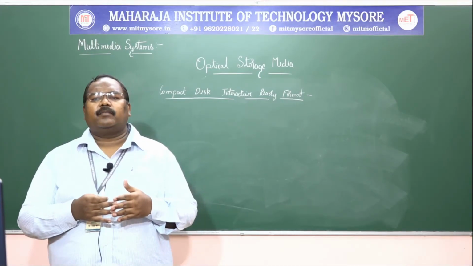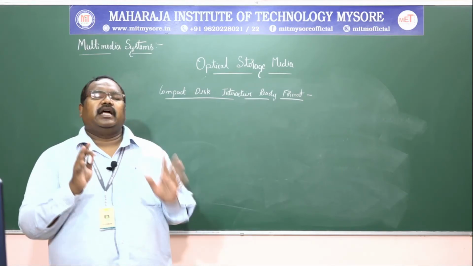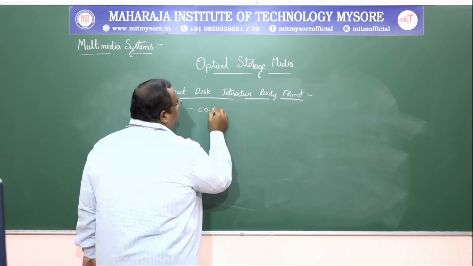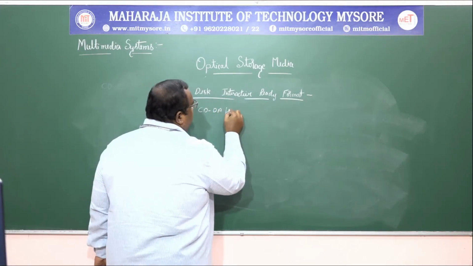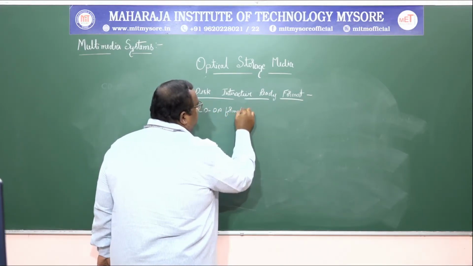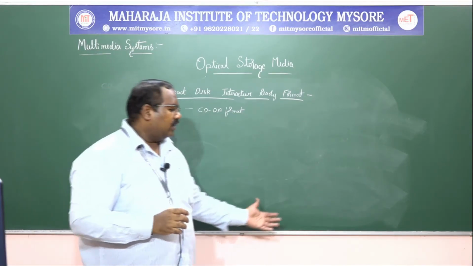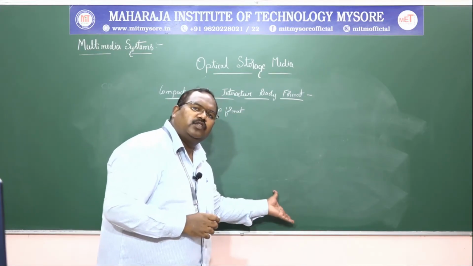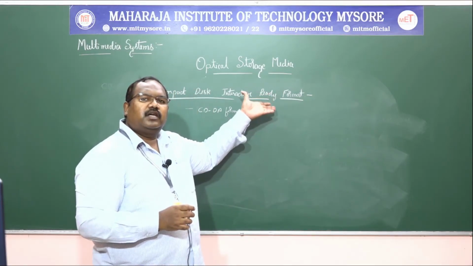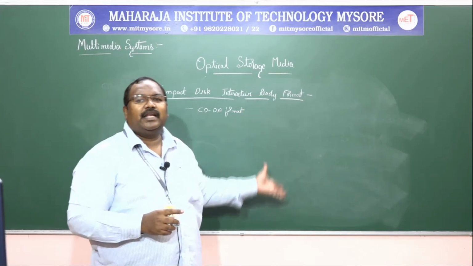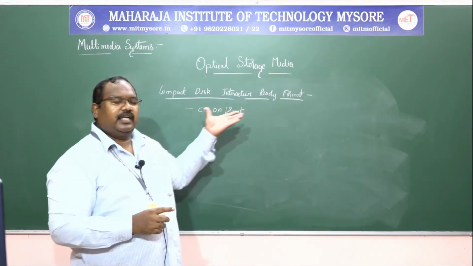All the CD formats are derived from the standard format of CD, that is the CD-DA format. In the beginning of this session, I showed you the diagram where CD-DA was at the bottom. All the other formats were derived from that format, or inherited the characteristics of CD-DA.